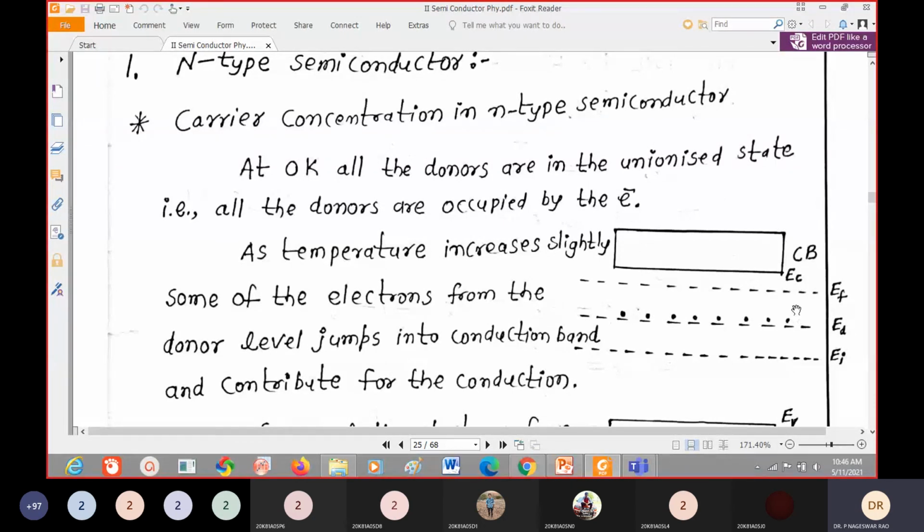At 0 Kelvin, the Fermi level is exactly in the middle of Ed and Ec. If you increase the temperature, what happens? The Fermi level increases and reaches the conduction band.